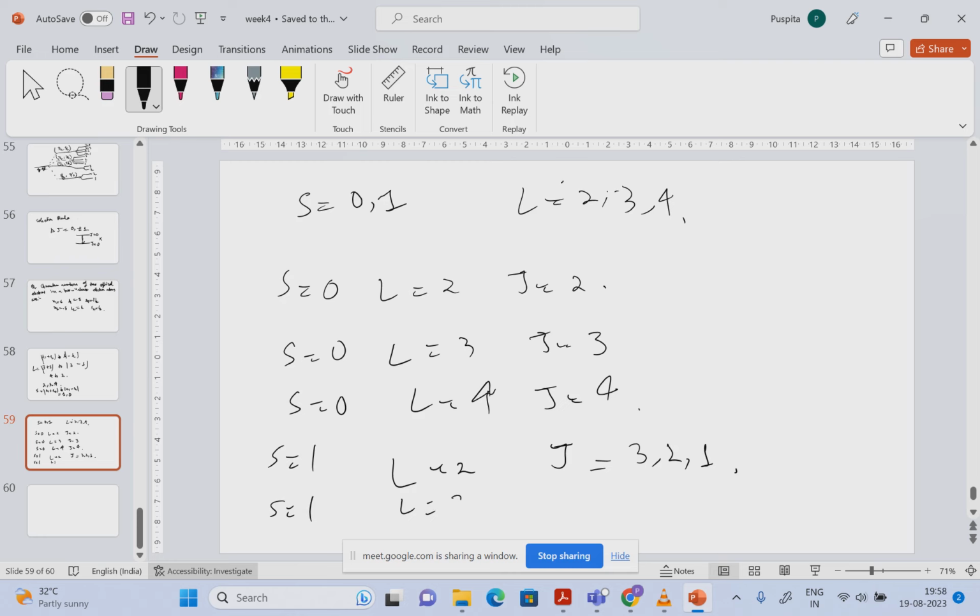L is equal to 3, J is equal to 4, 3, 2. And when S is equal to 1, L is equal to 4, J is equal to 5, 4, 3.